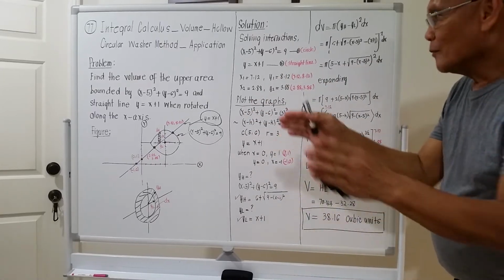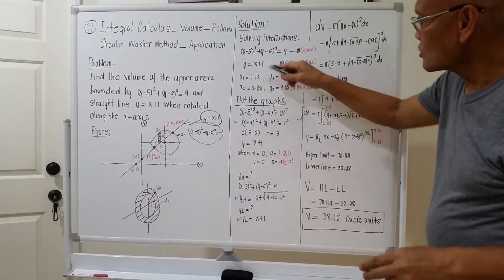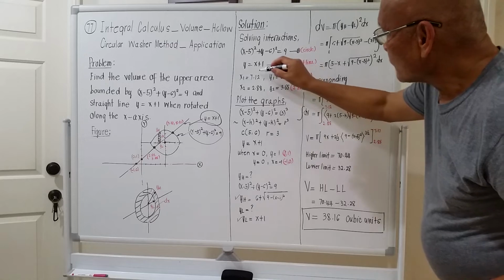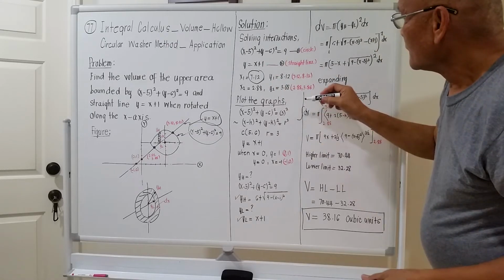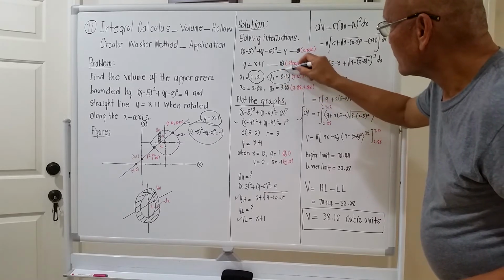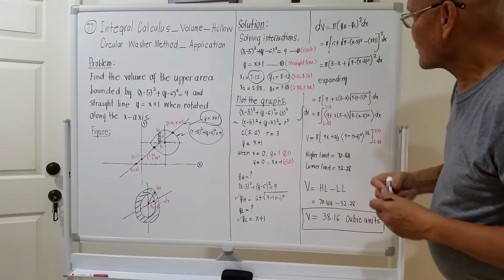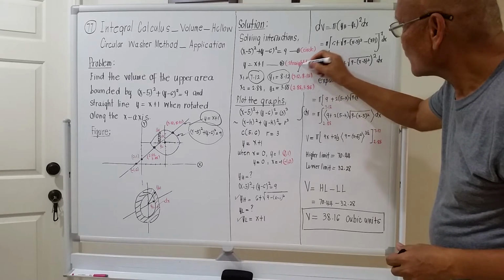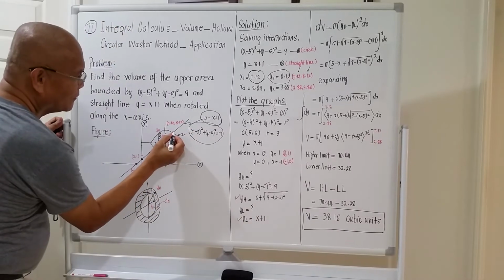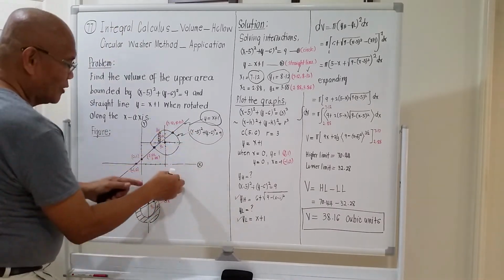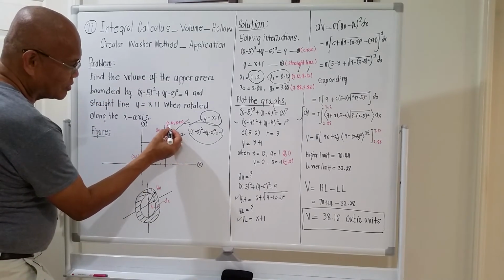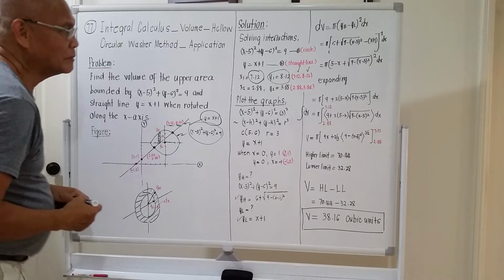I will not give you the complete solution, but x1 will be 7.12. Then y1 is 8.12. So the first intersection is at 7.12 and 8.12. It is this one.